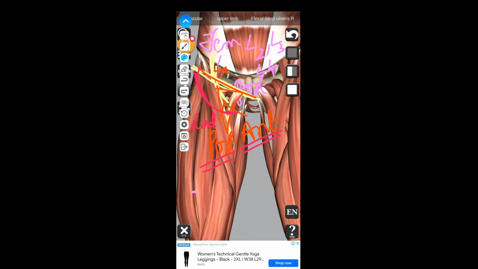In the anterior division only one muscle, the sartorius, which is crossing. The anterior division will give a branch to this sartorius only. And the rest are cutaneous, medial cutaneous and intermediate cutaneous, given by the anterior division. So the anterior division has more cutaneous, motor only one, sartorius.